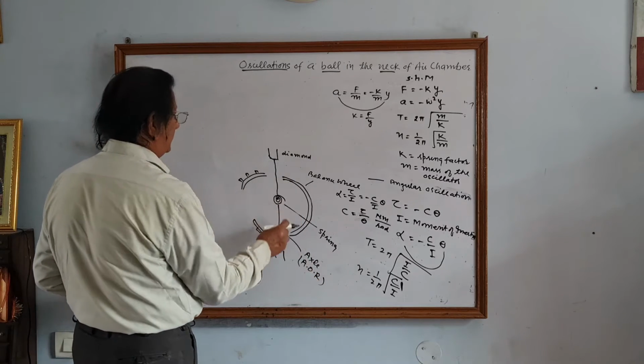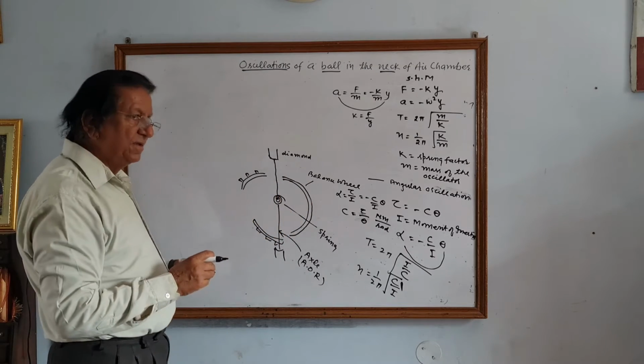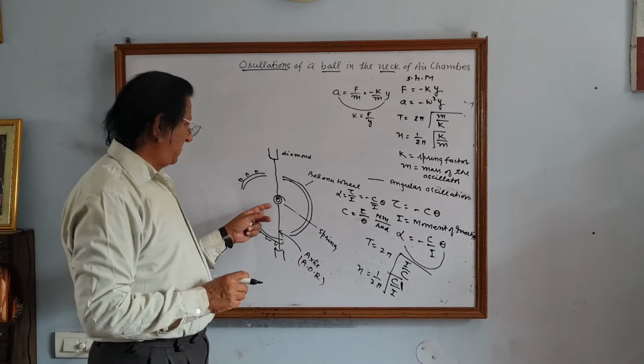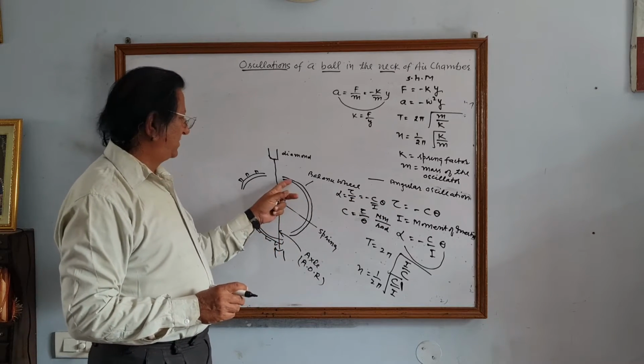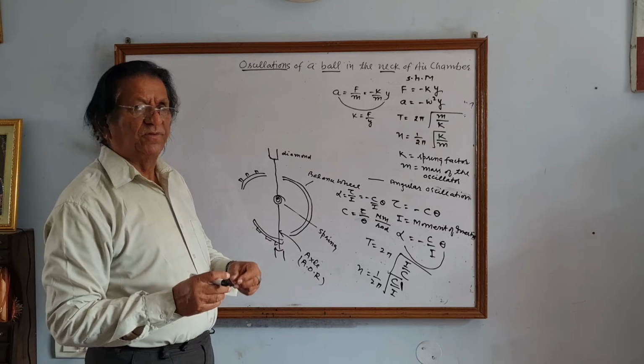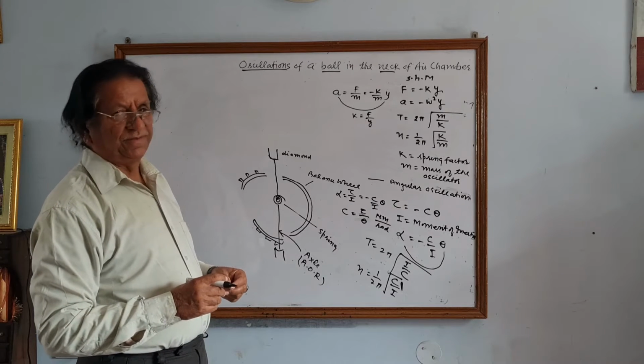This is the axis about which this wheel will rotate. Spring will provide you the restoring torque, whereas the wheel will control the movement of the hands of the watch.